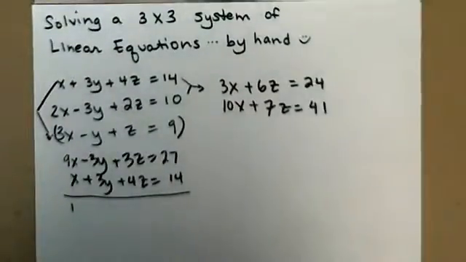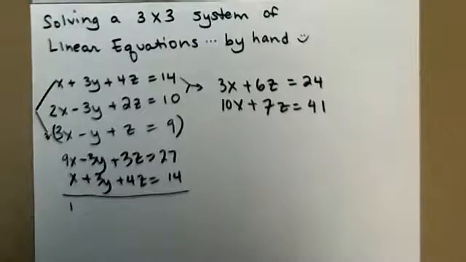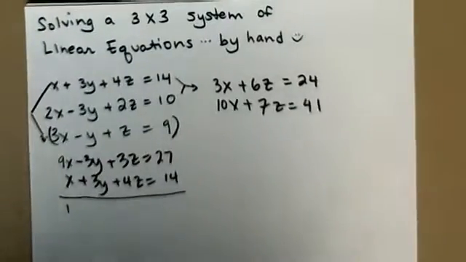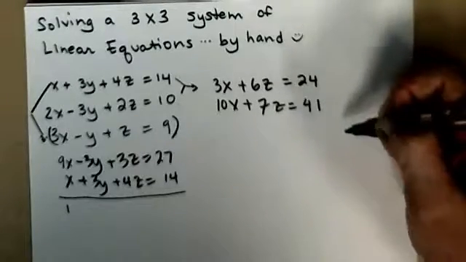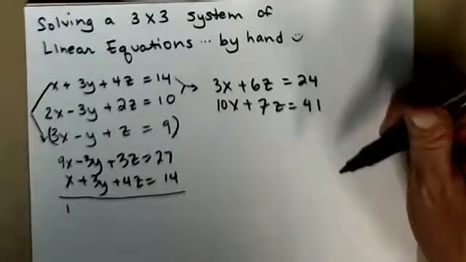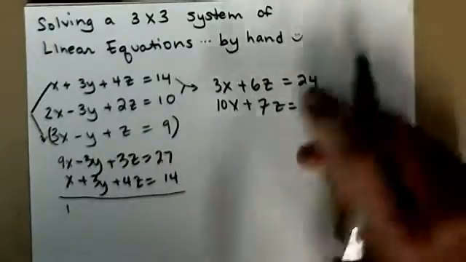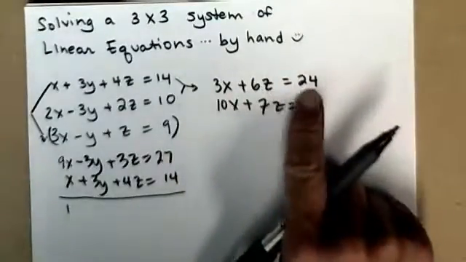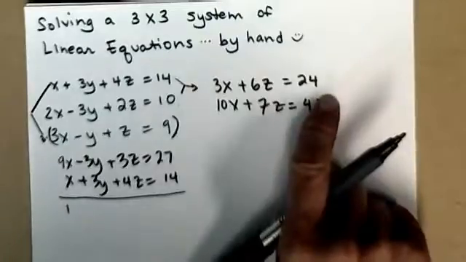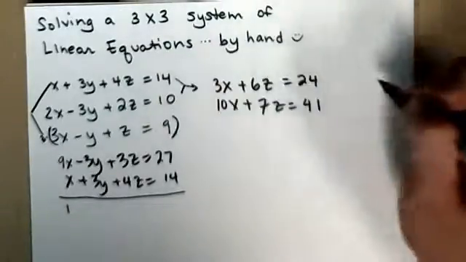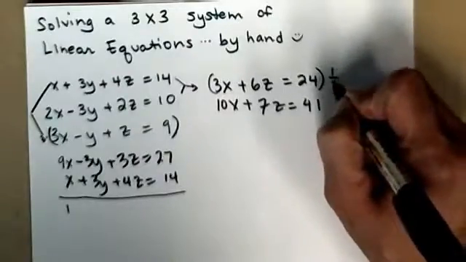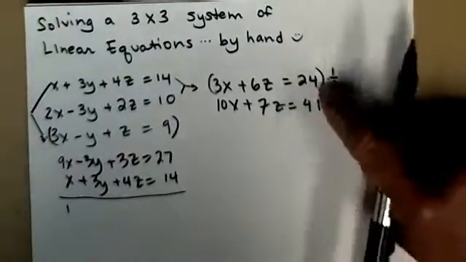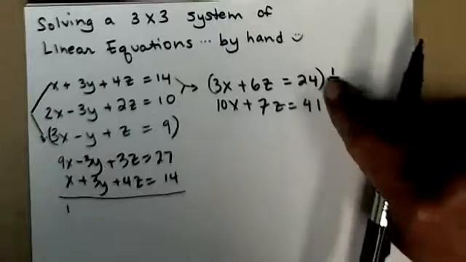Well, now I have 2 equations, 2 unknowns, and that we were solving before. So I need to get the coefficients of one of the letters equal and opposite. Oh gosh, look at this, guys. So I have 3, 6, 24. 3 goes into all of those. Let's go ahead and divide that 3 out. So let's divide this whole equation by 3, because otherwise I had a whole bunch of scaling to do.